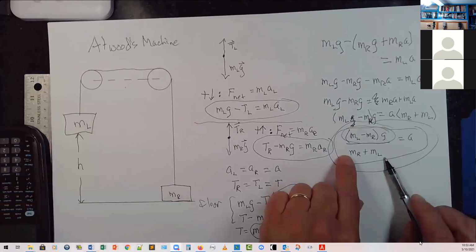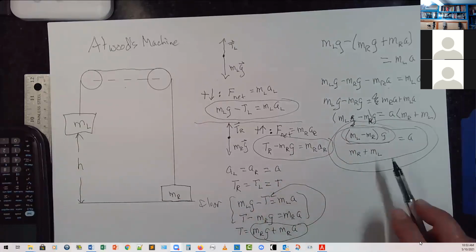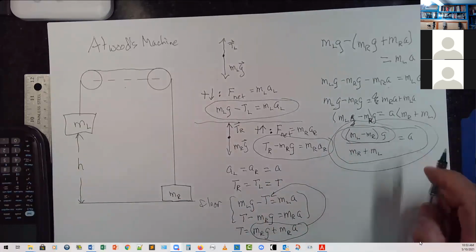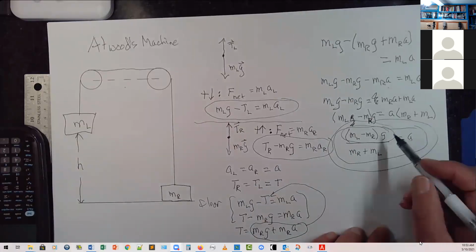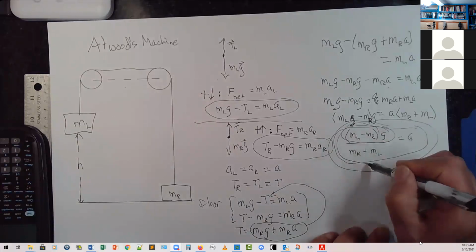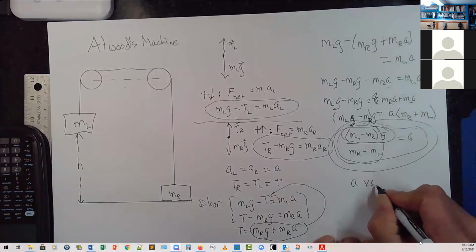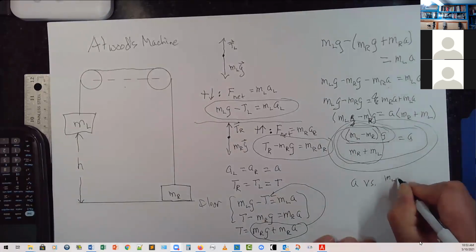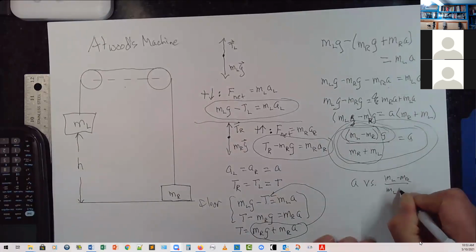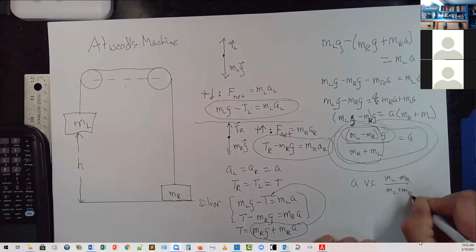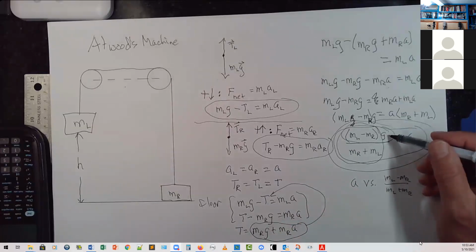The mass total stays the same, but the mass difference changes when I do that. And so I'll get a bunch of data points, and then we'll make a graph of the acceleration versus what I call the mass ratio, A versus m sub L minus m sub R over m sub L plus m sub R. And the slope of the graph ends up being the acceleration due to gravity.